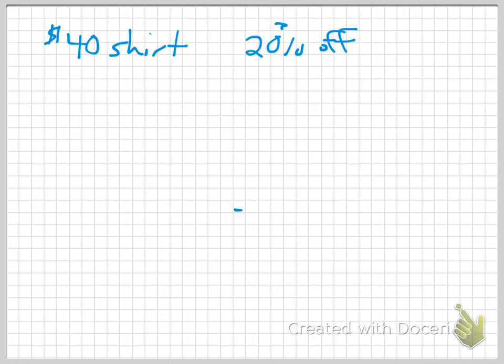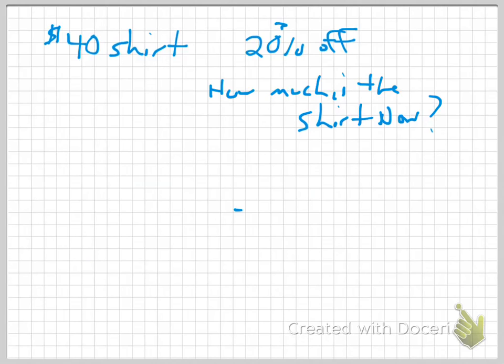If I wanted to ask you, how much is the shirt now? You tell me what I need to do. If it is 20% off, what do I need to do to figure this out?